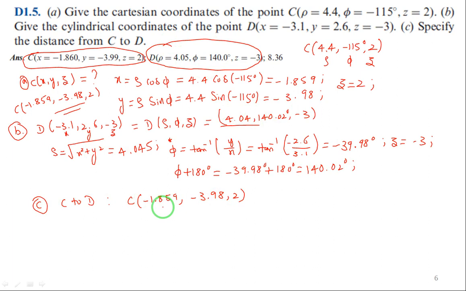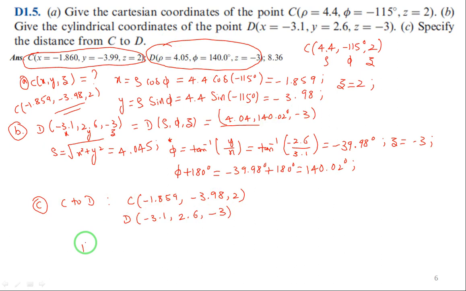This is in Cartesian system. And the coordinates of D in Cartesian system are given: minus 3.1, 2.6, minus 3. Now I want to find the distance between C and D, right?